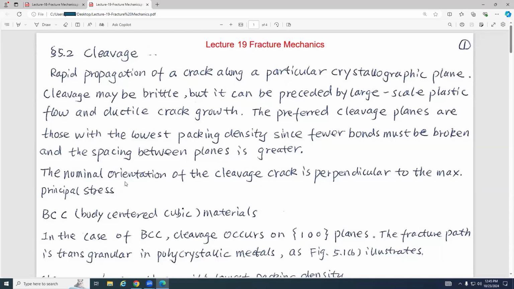You guys agree? So whenever you apply some stress, after you do the stress transformation, you will find the maximum tensile stress value. In the orientation perpendicular to this maximum tensile stress, the material has the most tendency to be broken.